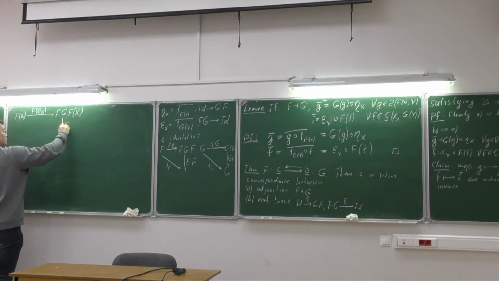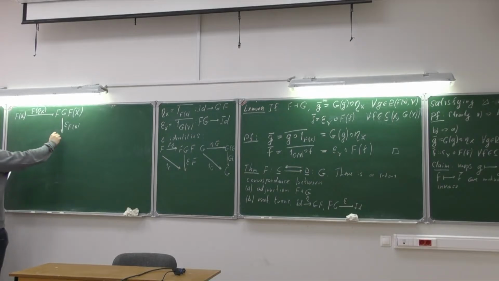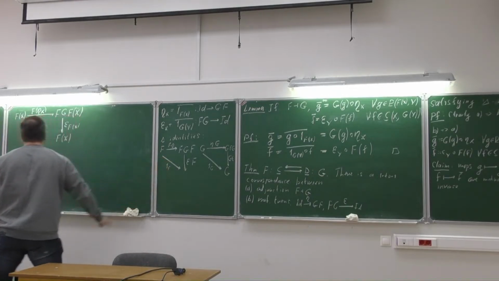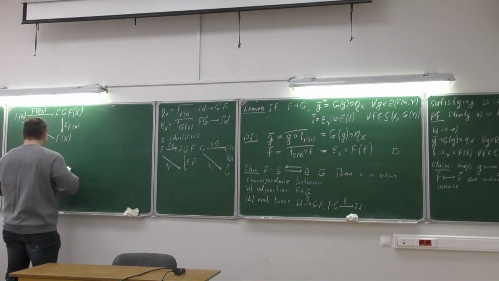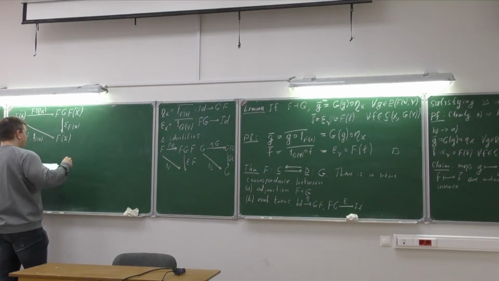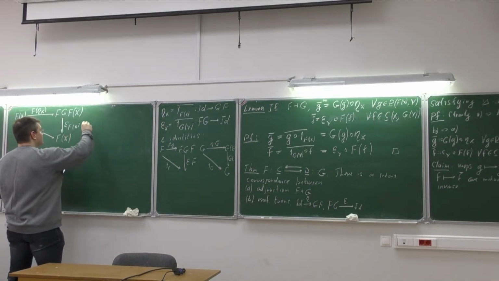I'm just rewriting this triangle identity right now. The only difference from this formula is that I plug in the argument object x in this diagram, but it's the same diagram. And then the second part of the diagram is the condition that I have a natural transformation, which in this case is epsilon.